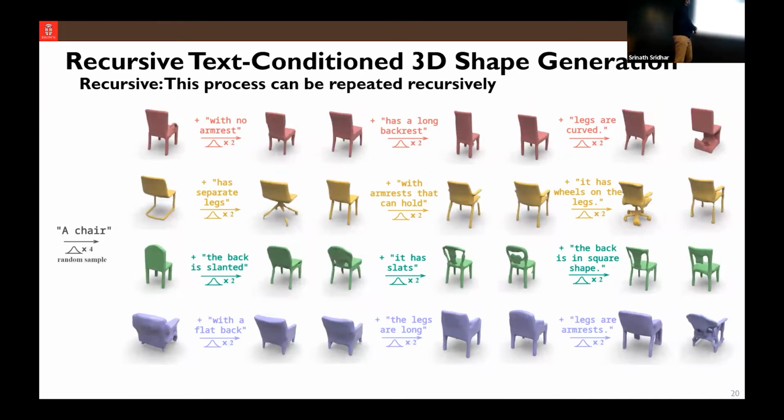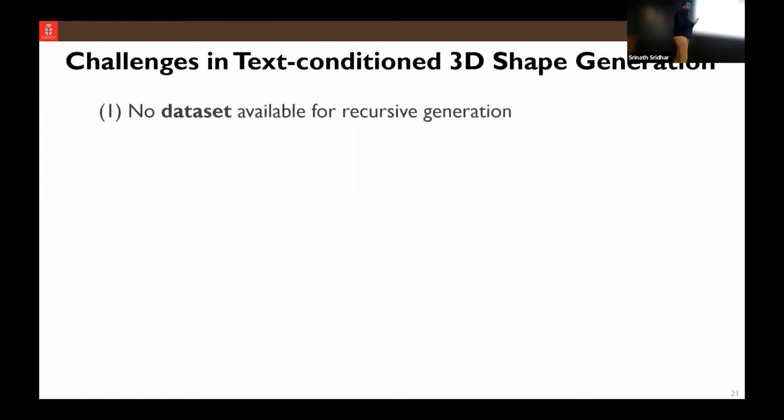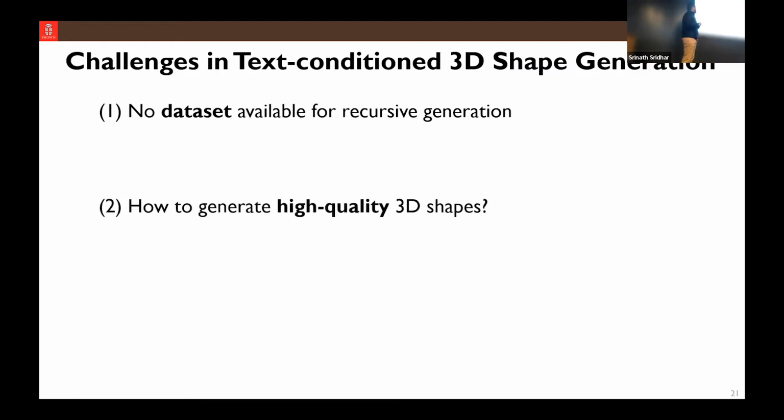All right. Okay, so building such a recursive text-conditioned generative model has a few challenges. The first challenge is that there is no data set that we can use for building such a recursive model. The second challenge is that we want to produce high quality shapes, especially because some of these recursive prompts that humans use to modify objects tend to be about small scale detail that we see on objects.